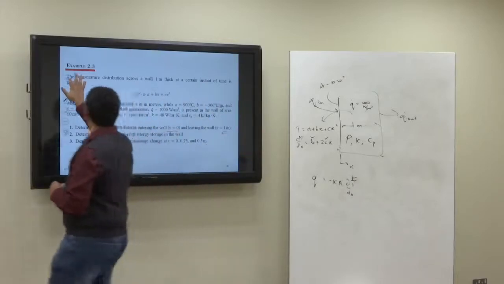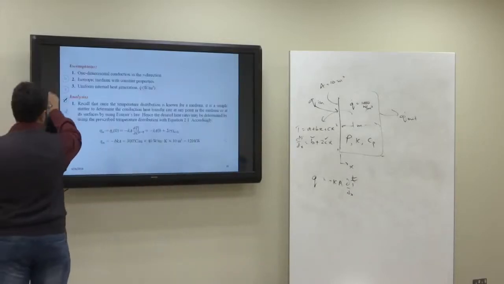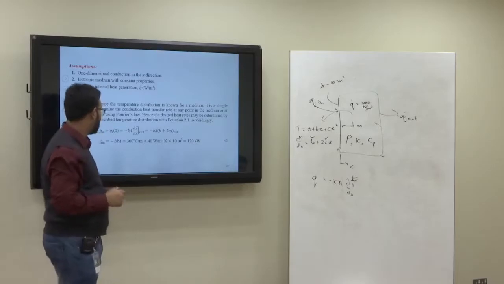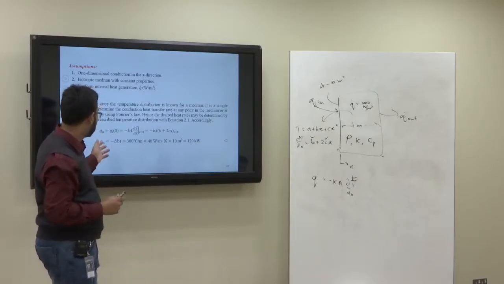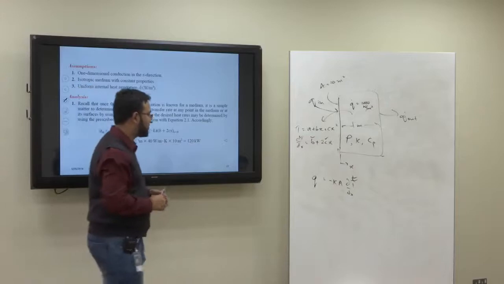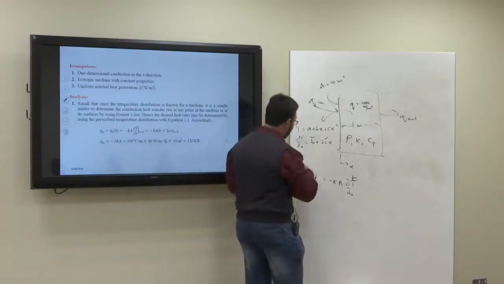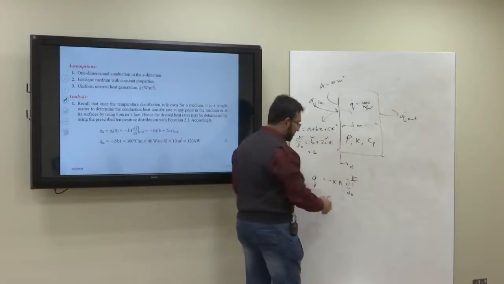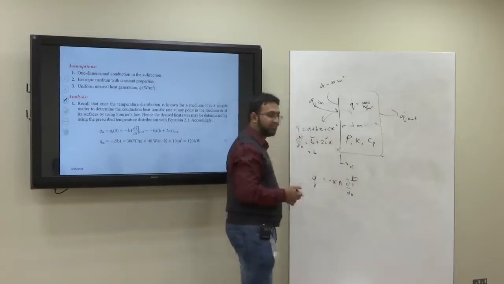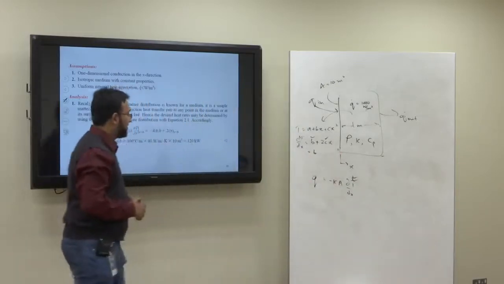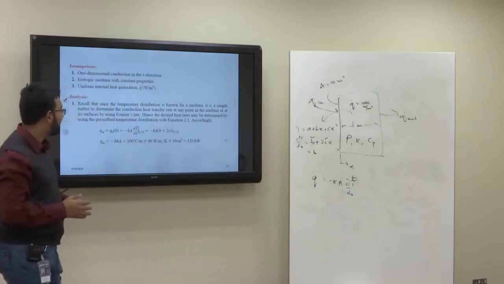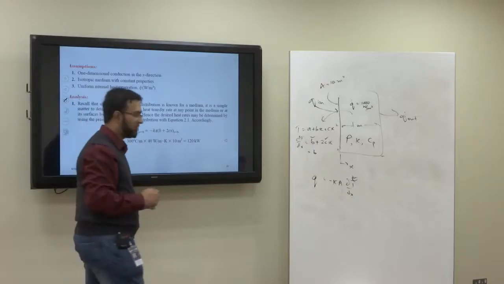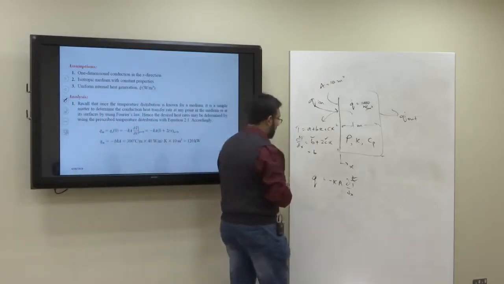So we have Q in coming out to be... this ∂T/∂x will actually be B. So B K A. Okay, that's it. With the negative sign means it is entering. It doesn't matter even if you don't put in the negative sign. No problem. Is it clear?